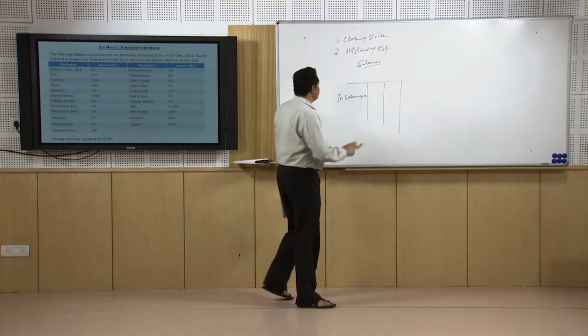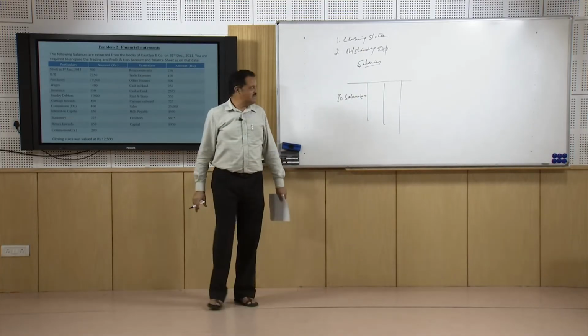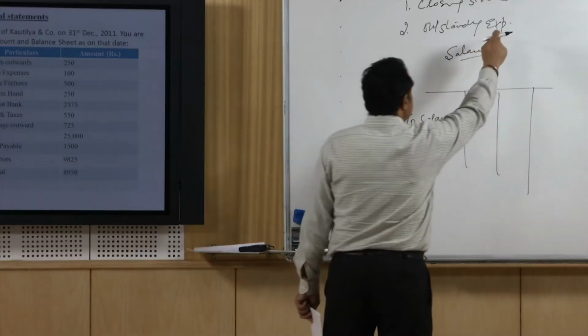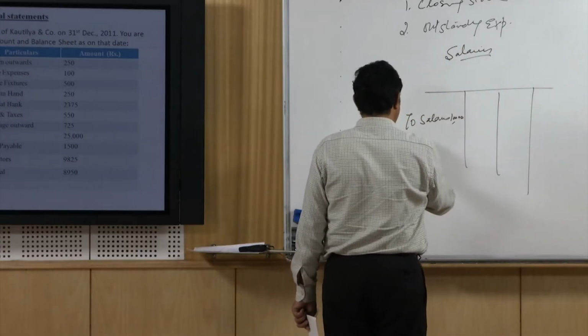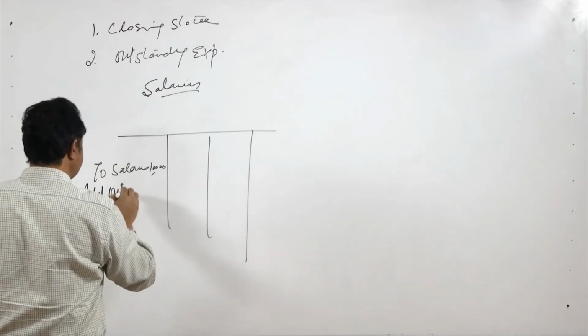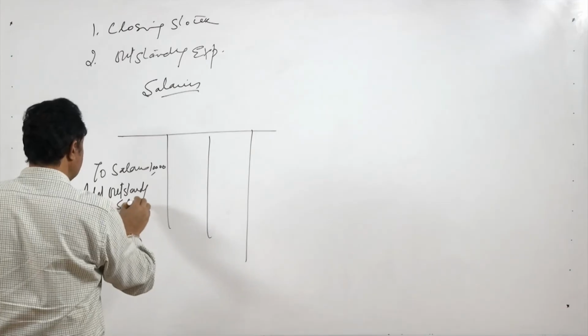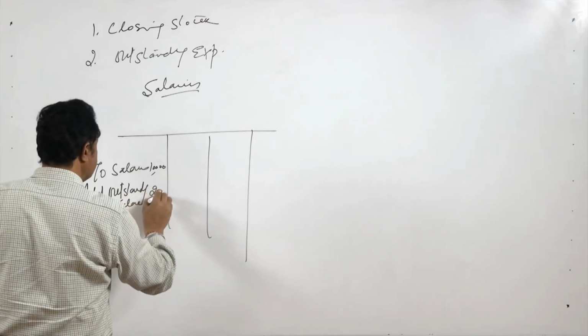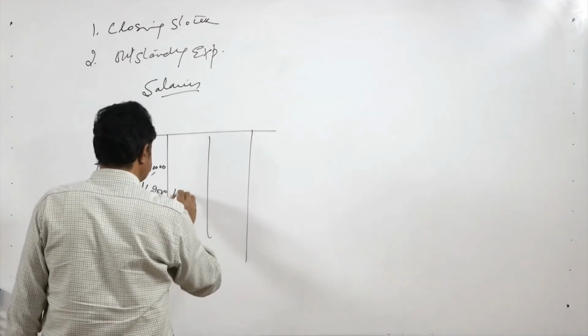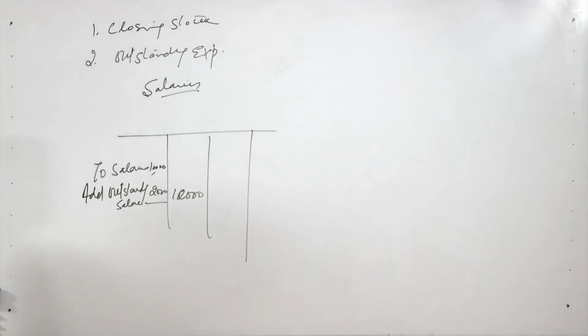So, the first effect is that you will add outstanding salaries in the salaries head, and this amount is 2,000 rupees. So, the total of the salaries item in the profit and loss account will become 12,000 rupees.